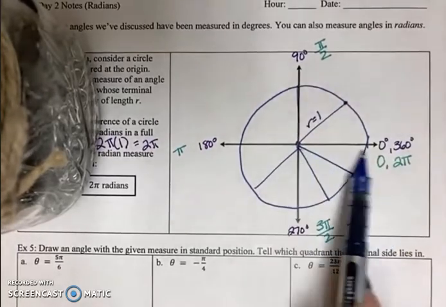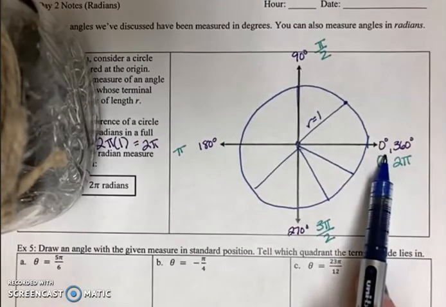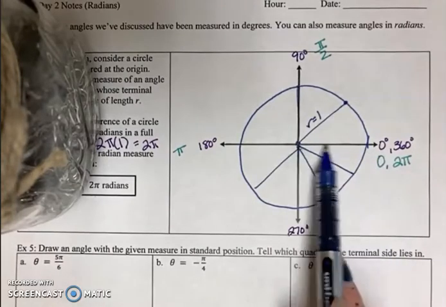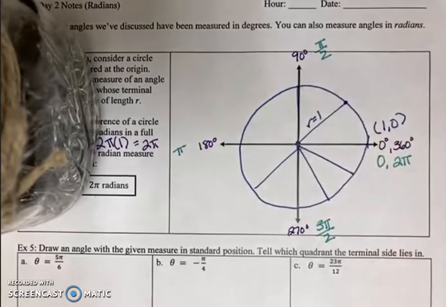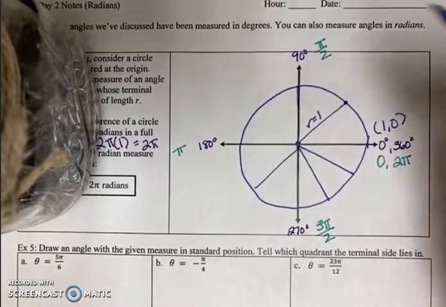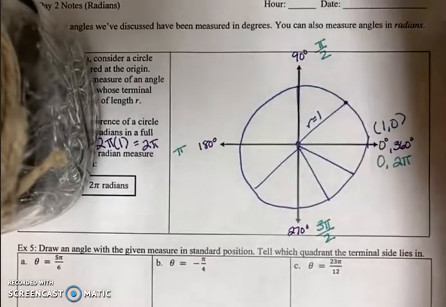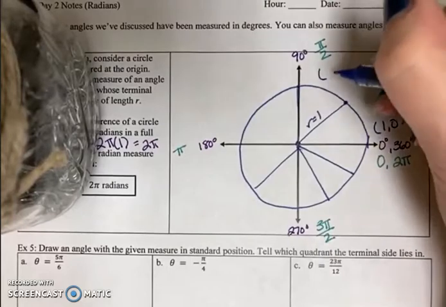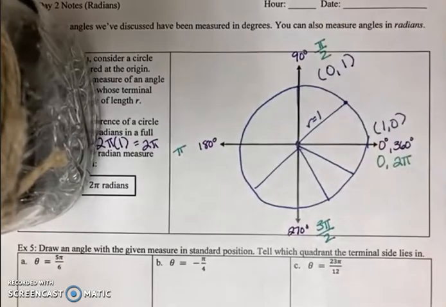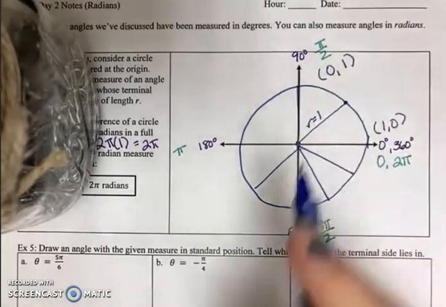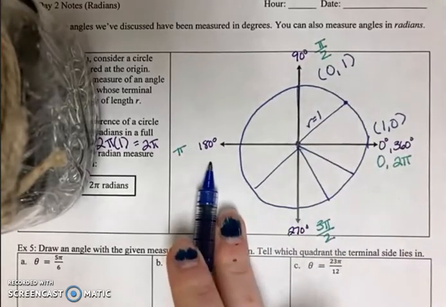So if I wanted to write the coordinates of 0 degrees, it's right 1 unit, so that's 1, 0, because I didn't go up or down. X, comma, y. To get the coordinate of 90 degrees, or pi over 2, that's going to be up 1, so 0, 1. To get the coordinates of 180, or pi, that's left 1.